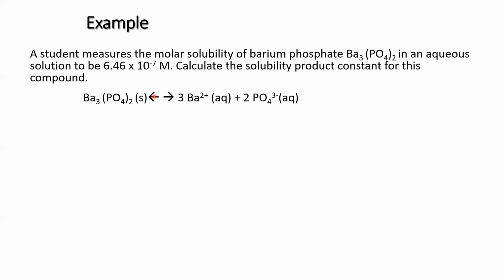Now, we can write a KSP expression from this. So write what your KSP expression would be. Okay, remember, we're not going to be including solids, so the barium phosphate will not be in your KSP expression, just the barium ions and the phosphate ions.